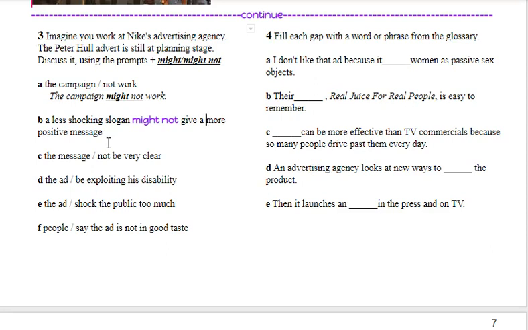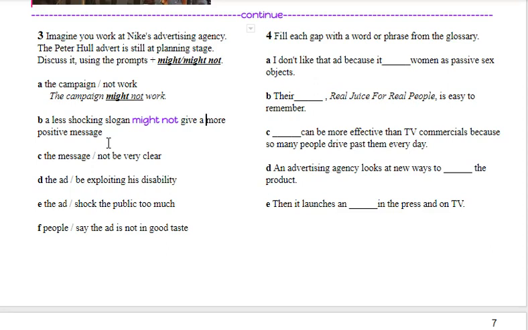Yes. So what if the content of this slogan is uninteresting or having a bad message to the public? Do you think it still gives a more positive image? No.